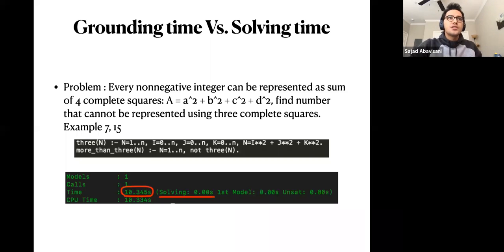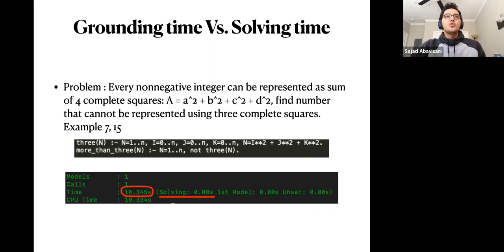So the code is here, 2 lines, and we are just arbitrarily saying that there are 3 variables, I, J, K, and each of them can be from 0 to n. And the next line, we want to say that it can't be written as such. And as you can see here, solving this takes 10 seconds.